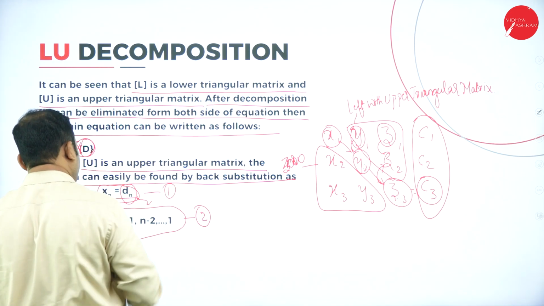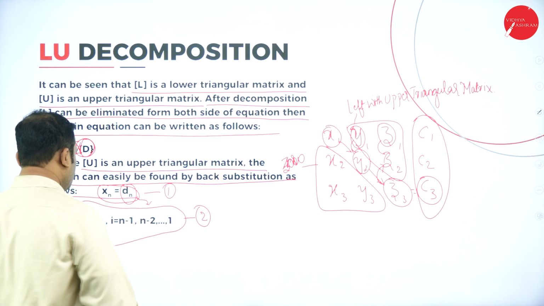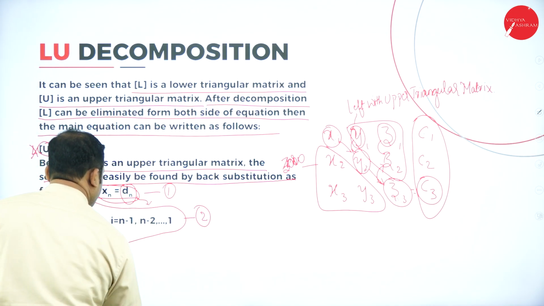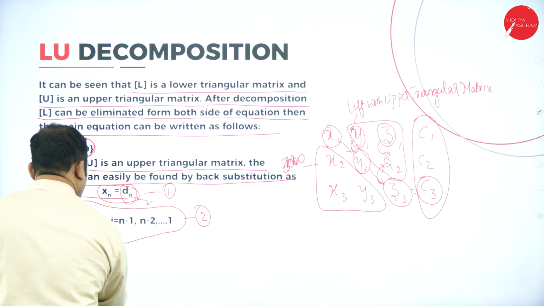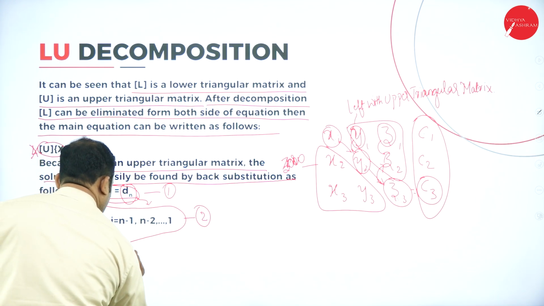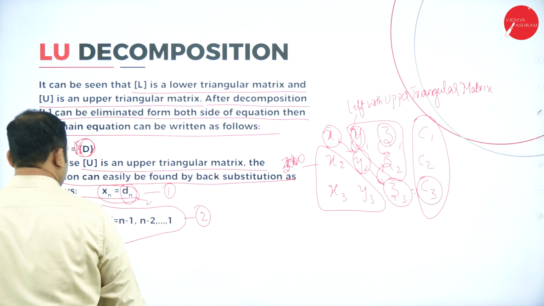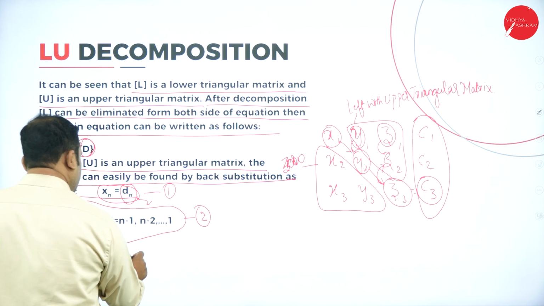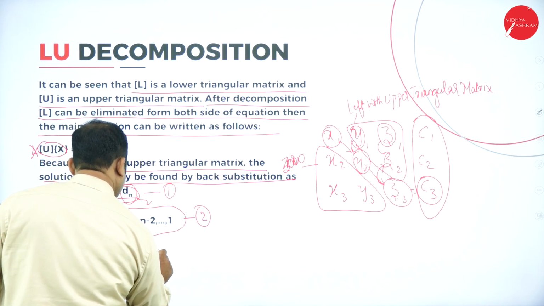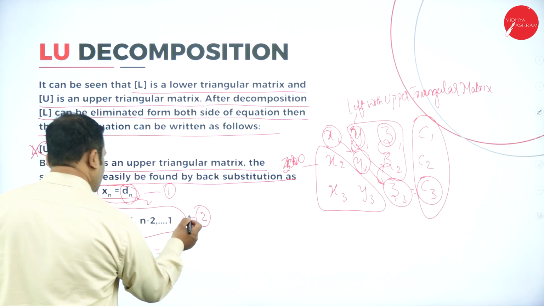That means, suppose there are 3 unknowns, then I will state u3j, where j is equal to 3. That is u33 x3 is equal to d3.